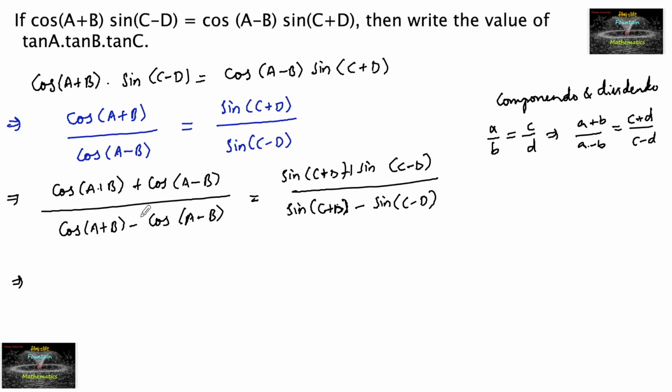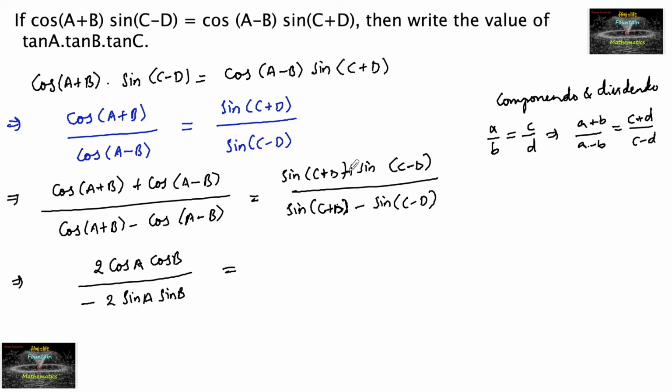And also we know that cos(a + b) + cos(a - b) is 2 cos a cos b, and cos(a - b) - cos(a + b) is 2 sin a sin b. So here we'll get minus 2 sin a sin b, which equals, and again, sin(c + d) + sin(c - d).